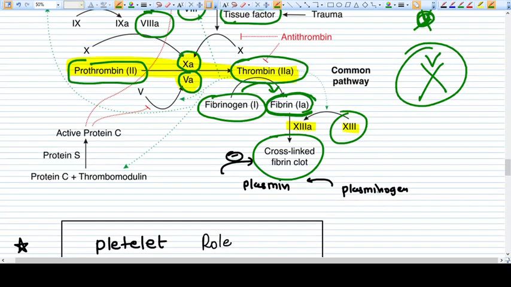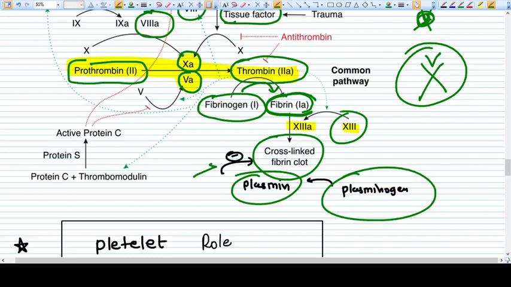Now plasminogen, you have heard this term. Plasminogen becomes plasmin, and that plasmin will do what? It will break these fibrin strands. Okay, so if we have a plasminogen activator, then it will inhibit the clotting.